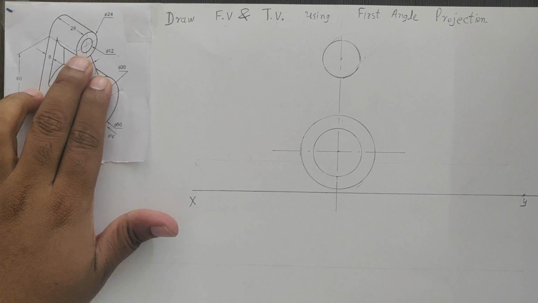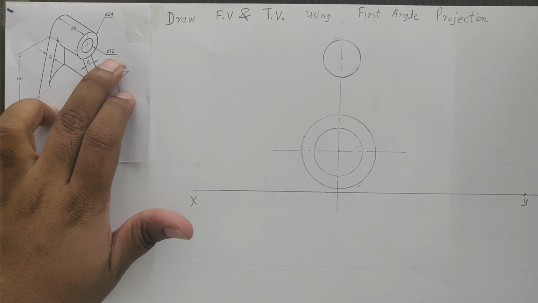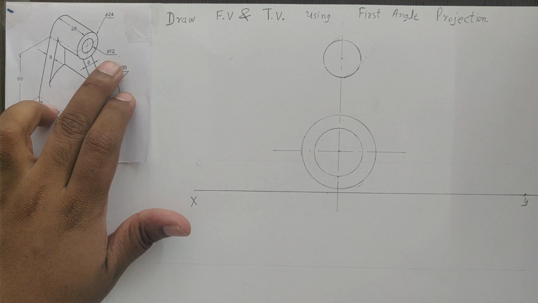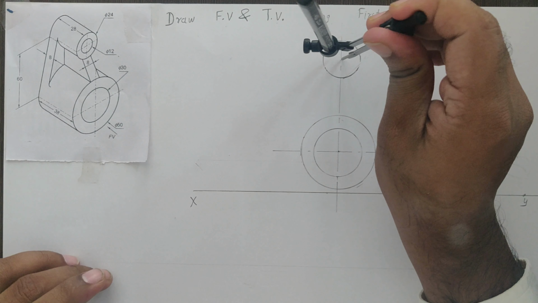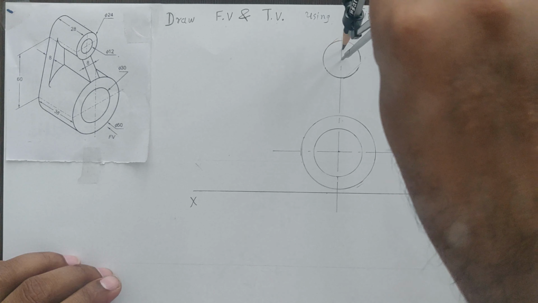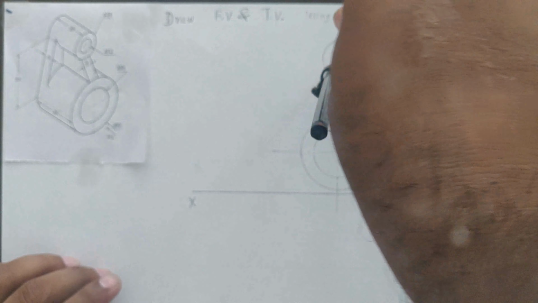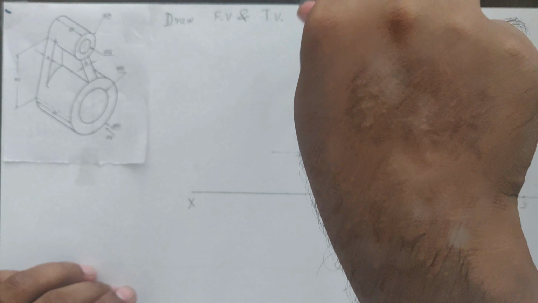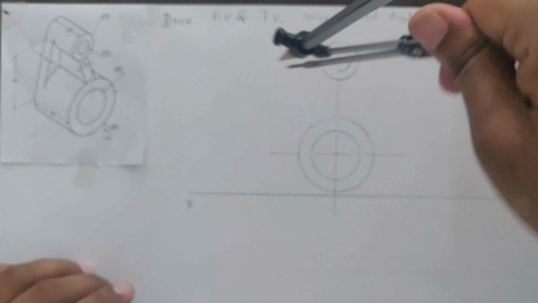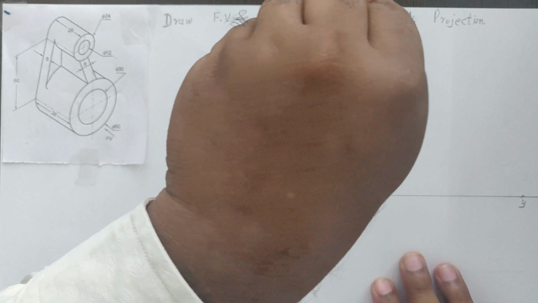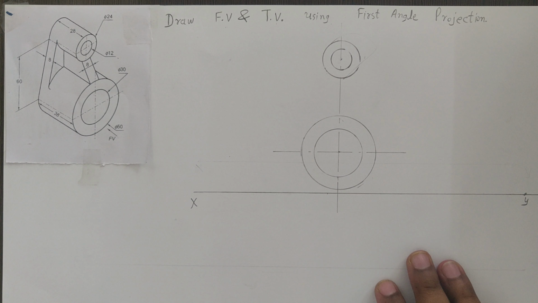Here there is another circle which has the diameter 12 mm, so the radius will be 6 mm. So let us draw a circle of 6 mm. Here it's my circle of 6 mm.